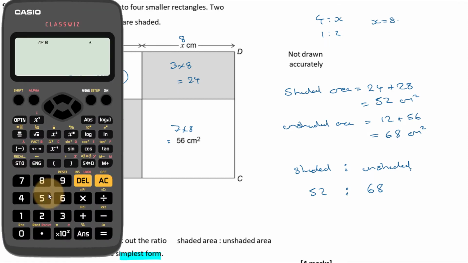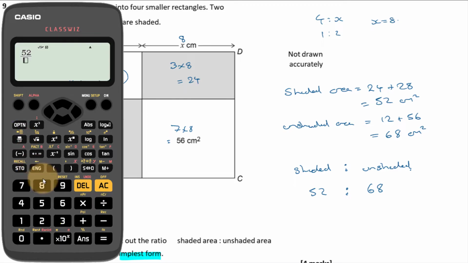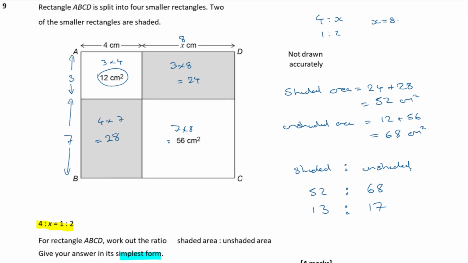So if I put in 52 over 68, that's going to cancel down to 13 over 17, and basically I can just use the same numbers in the ratio, so that's a ratio of 13 to 17. So that's just a little cheeky trick for you there. So the ratio is 13 to 17, and I think that's my final answer, 13 to 17.